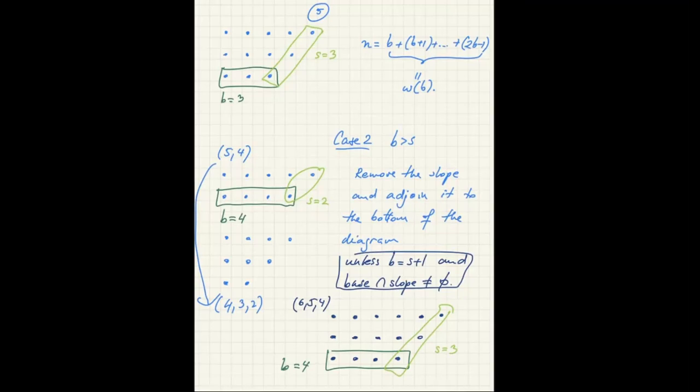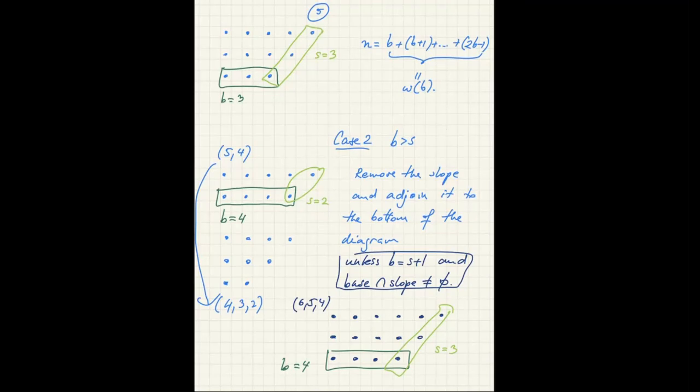So you see, in this case, we cannot actually do this procedure, because if you cut down the 3 points from the slope, you get 3 points at the bottom, which is equal to the new base. So that doesn't work. There was a somewhat similar reason why in the previous case we couldn't move the base up parallel to the slope.